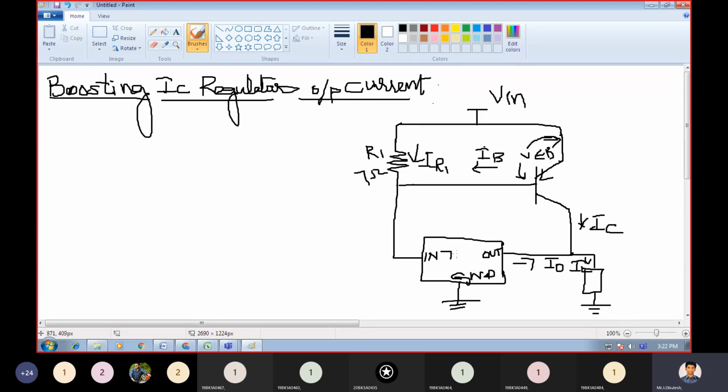Let us assume this is IC 7805. This is the Q1 power transistor. That is the 5 volts.